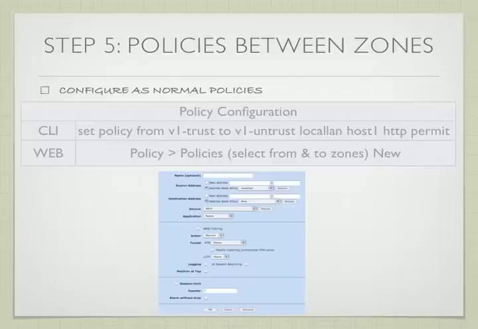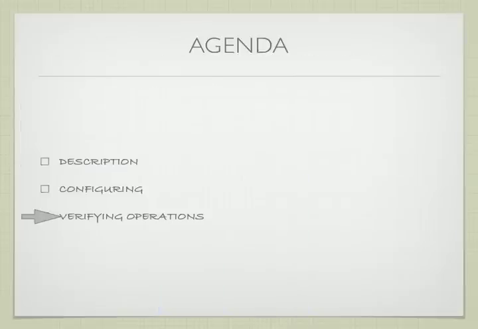So there's no difference in configuration at all between creating the permit or deny policies in the layer 2 zones versus the layer 3 zones. So you will need to have your address objects, your services, all the other foundational items created, and you'll follow the instructions just as they were in the policy creation and policy options sessions we had earlier.